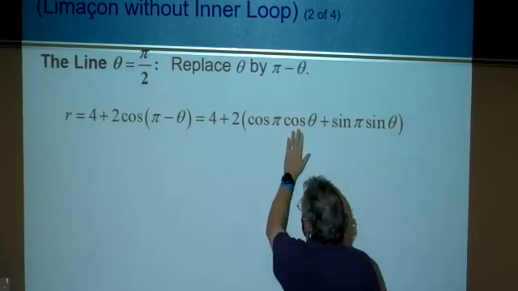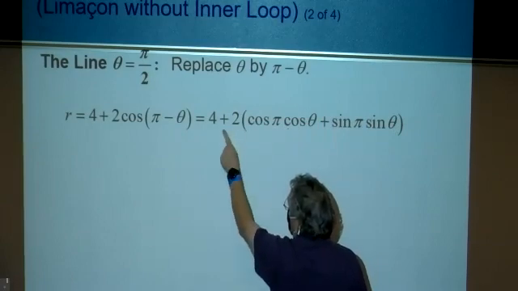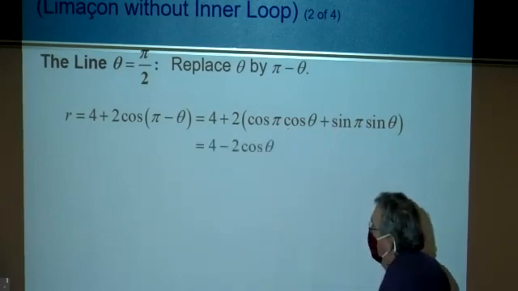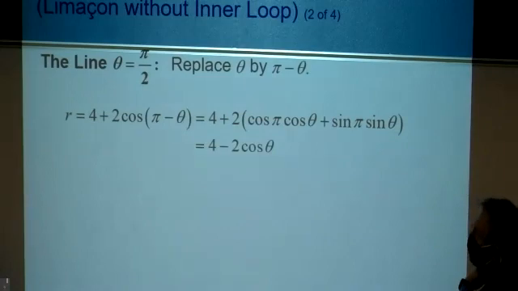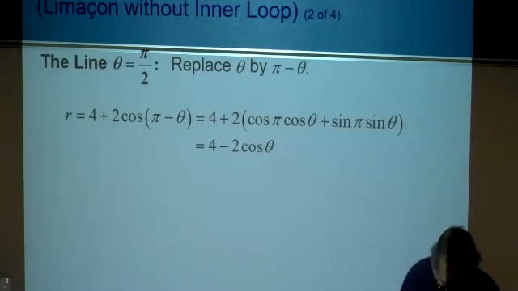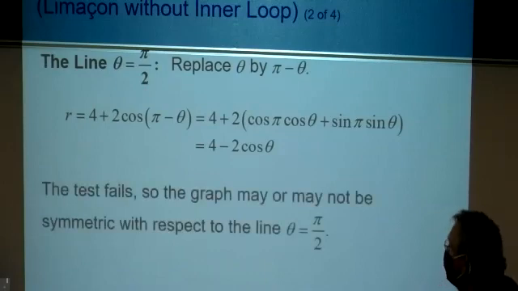So this just becomes a negative cosine, so it's going to be -2 cosine, which is not the same. So it fails the test, which means we just don't know. It probably isn't symmetric with respect to theta equals pi over 2, but it could be. The test fails, so it may or may not be symmetric to that line.